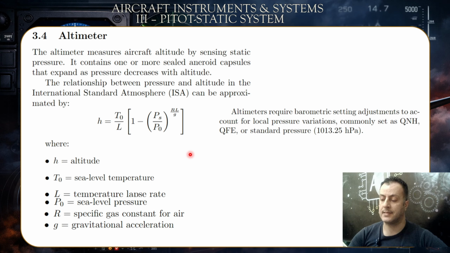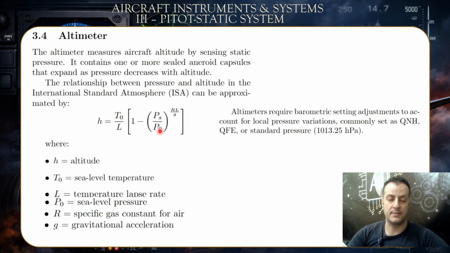PS is the static pressure within the diaphragm, the current static pressure, which will change due to dilation because the external air has a lower pressure than the one that is sealed within the diaphragm from the ground level.